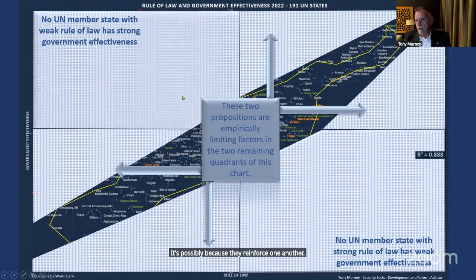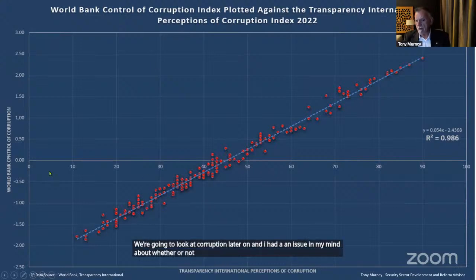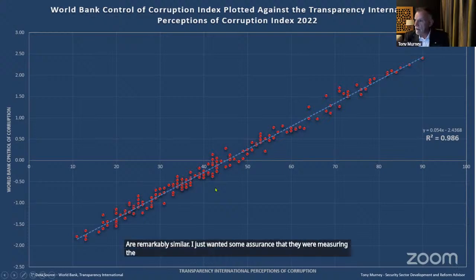If we're going to look at corruption later on, I had an issue in my mind about whether or not the World Bank measure of corruption, which is this measure over here, and the perceptions of corruption index produced by Transparency International are remotely similar. I just wanted some assurance that they were measuring the same thing, so that it didn't matter which measure we used.